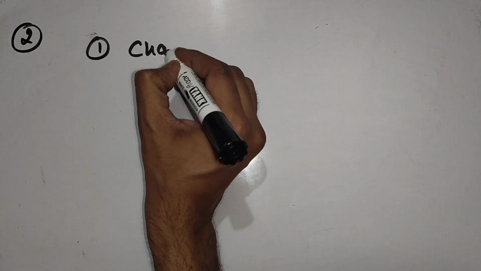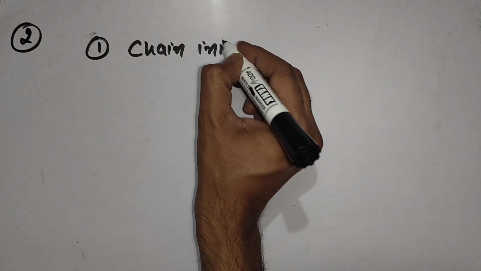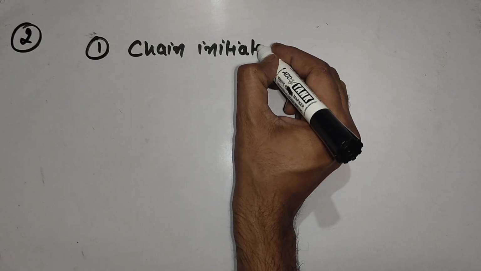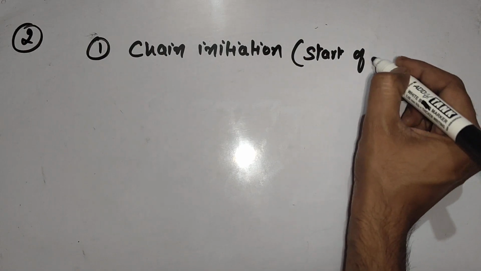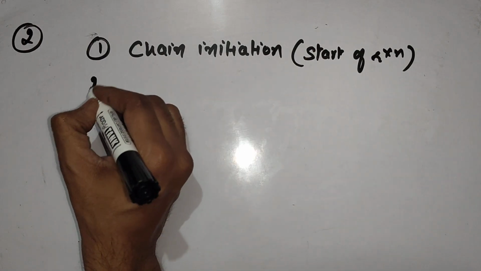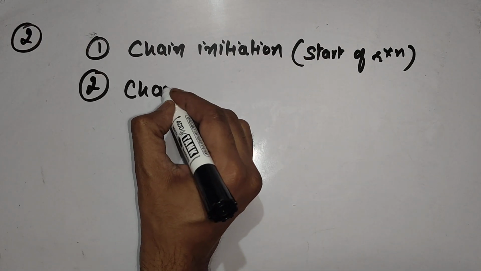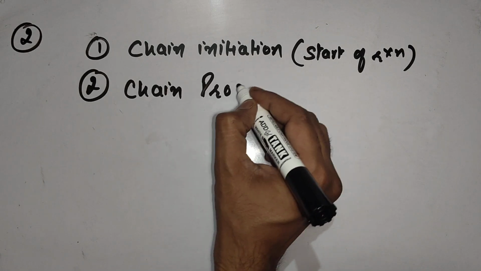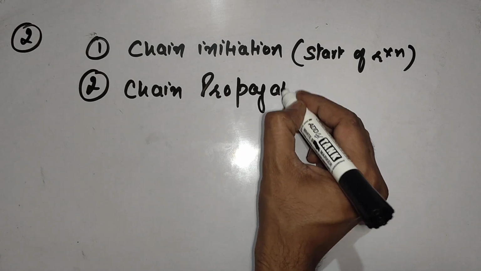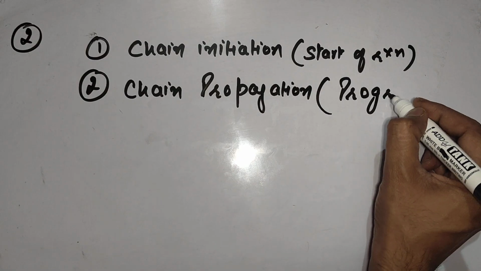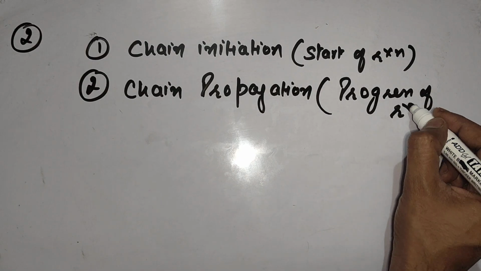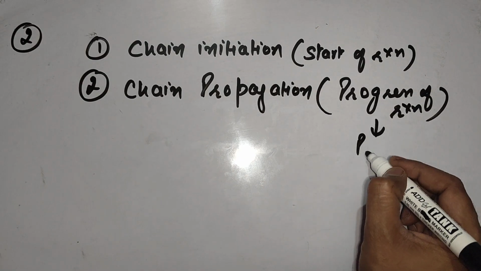Chain initiation, meaning start of the reaction. Second, chain propagation, meaning progress of the reaction. In this step, products are generated.